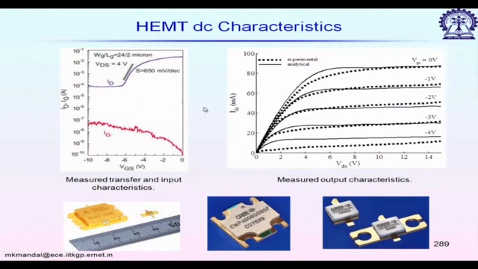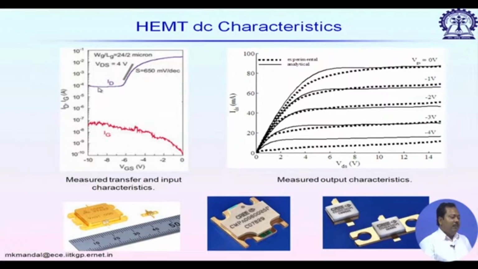This picture shows HEMT DC characteristics. We still have some leakage gate current, but typically it is very small, and with increasing gate to source voltage it increases, on the order of a fraction of a microampere.